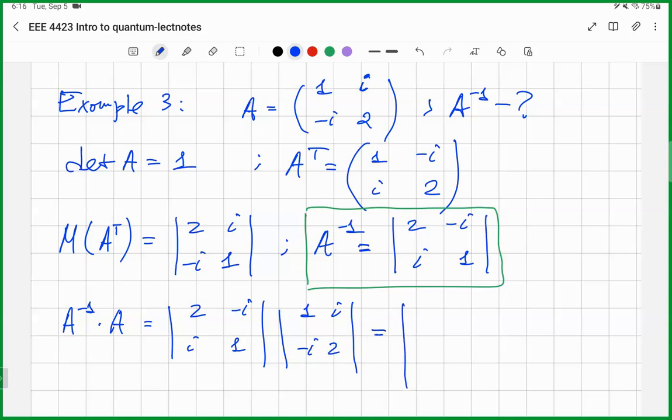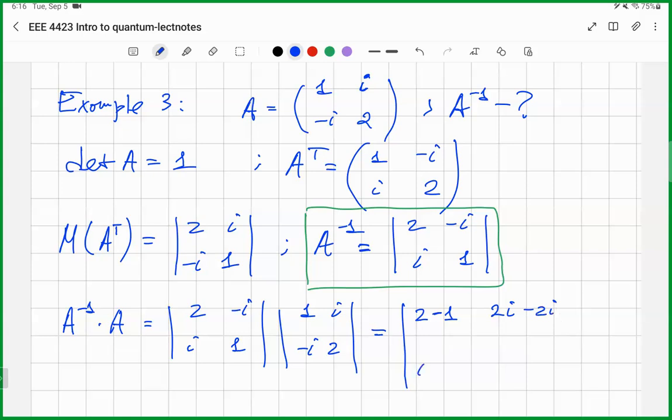So 2 times 1 is 2, plus i squared, which is minus 1, so 2 minus 1. For the second, it is 2i minus 2i.